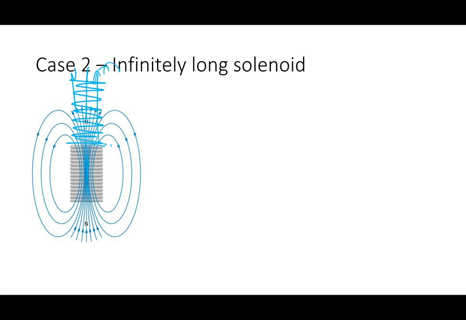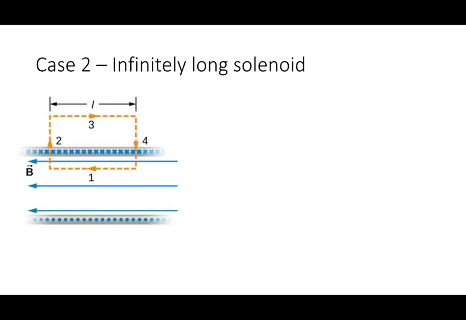And given the cylindrical symmetry, infinitely long, we expect the magnetic field to be parallel to the axis of my solenoid. And that these magnetic field inside cannot ever escape and loop back around because the solenoid is infinitely long. So outside, we can say that the magnetic field is 0.